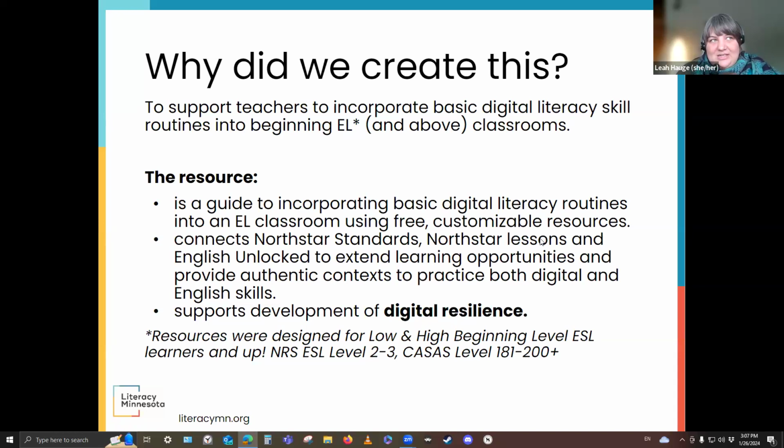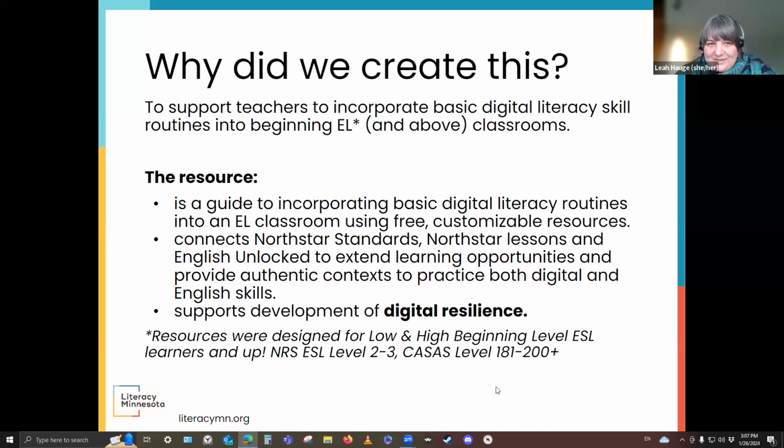How do they begin to integrate those digital skills into the classroom successfully, as a scaffold up to those North Star lessons that we already have? So we created this as a support for you, and as a support for students, for beginning EL students and above classrooms. Really, it would work for any level, but it's thoughtfully scaffolded down to the appropriate level for beginning.